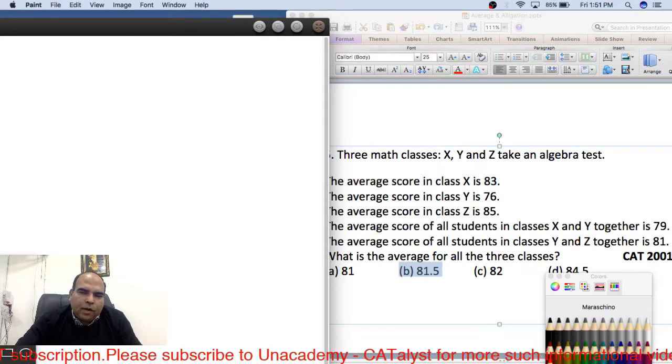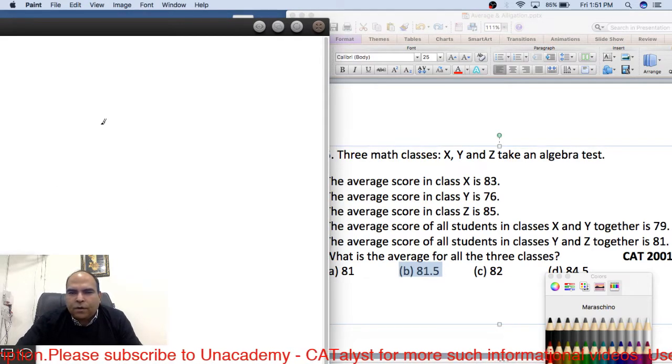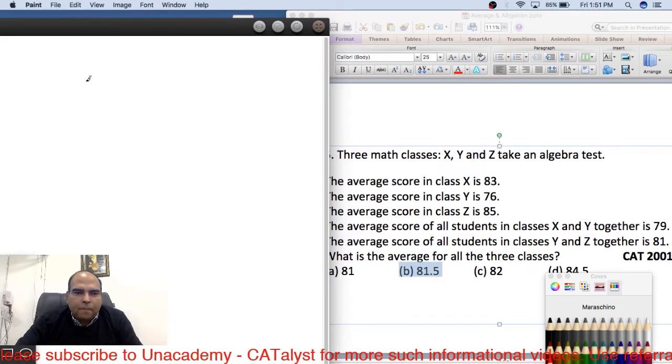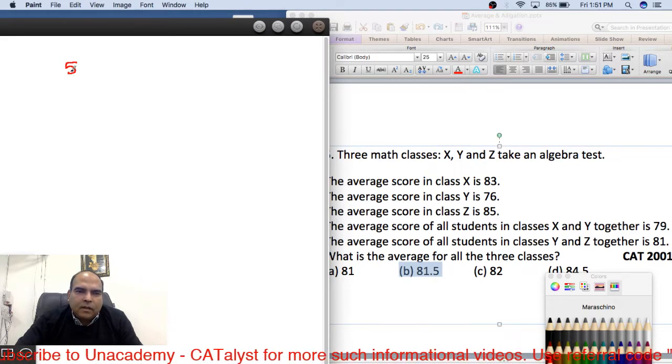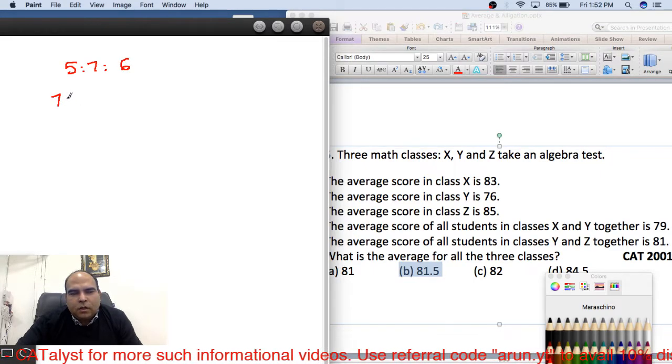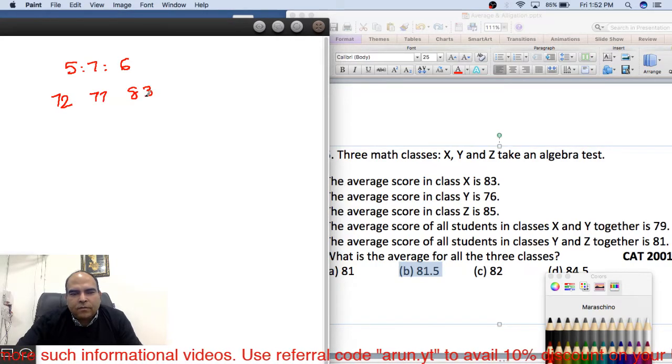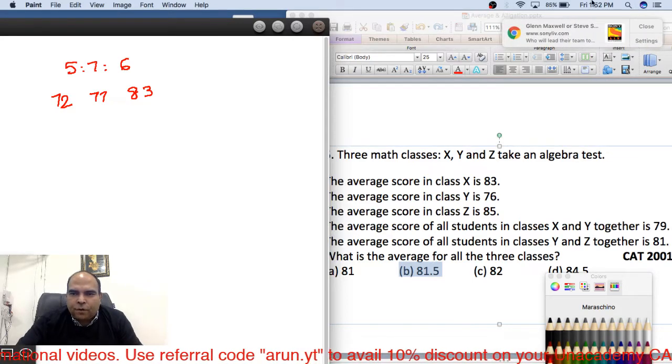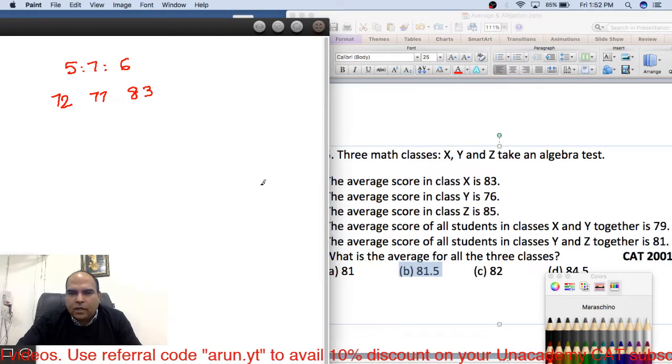So if you are trying to find a weighted average, let's say there are 3 groups in the ratio 5:7:6, with average weights of 72, 77 and 83, and you want to find the weighted average of these three together.